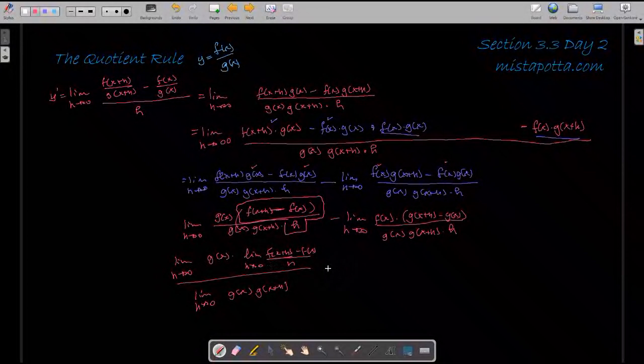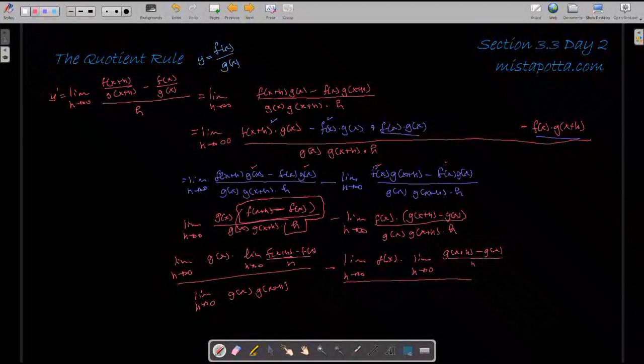And I'm going to do the same thing over here. The limit as h approaches 0 of f of x times the limit as h approaches 0 of g of x plus h minus g of x all over h.